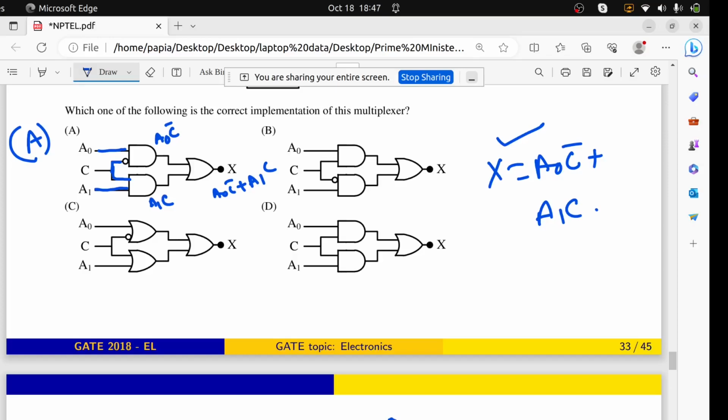Now, obviously we got the correct option, but let us take the D option here. D option will be what? A0 C, A1 C. So it will be A0 C plus A1 C, which is not exactly the correct one, what we want. So this is not the correct one. And obviously you can see for B and C also, this will not give the X whatever we want.